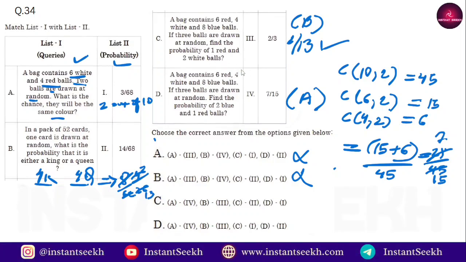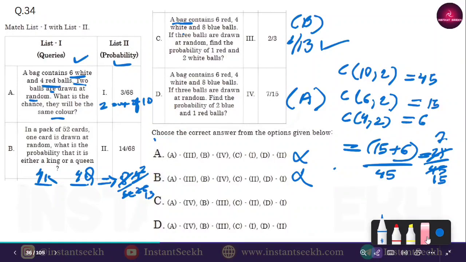Let's check the last one, then it will be solved. Option C: a bag contains 6 red, 4 white and 8 blue balls. Let me erase this so that we can have this solution as well.